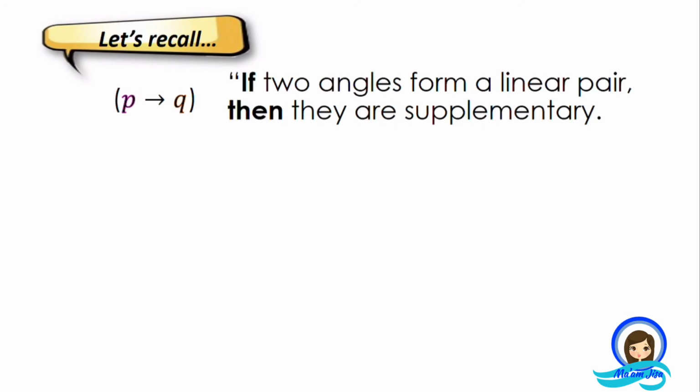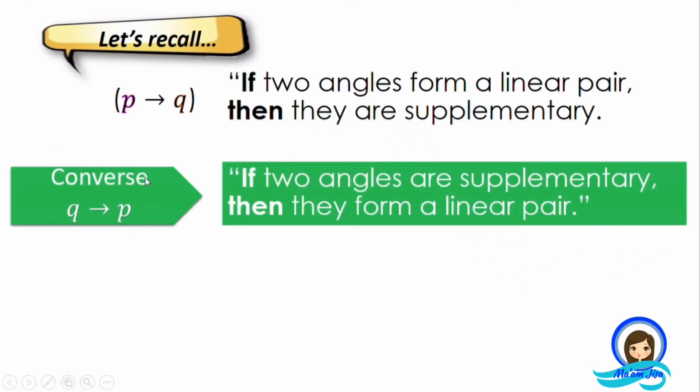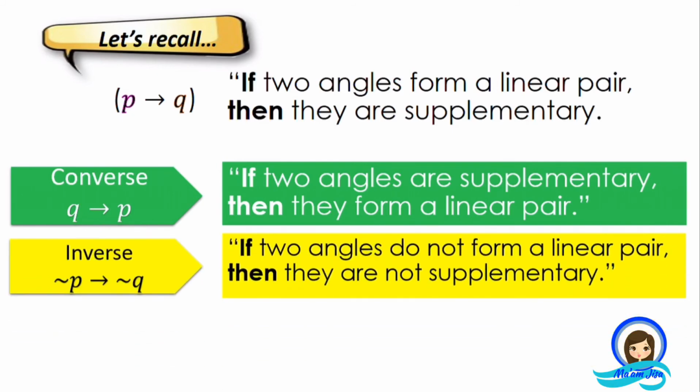Okay, so now let's recall the answers that we had earlier. This is our conditional, P implies Q. If two angles form a linear pair, then they are supplementary. For its converse, follow this format. Q implies P. If two angles are supplementary, then they form a linear pair. For its inverse, if two angles do not form a linear pair, then they are not supplementary.